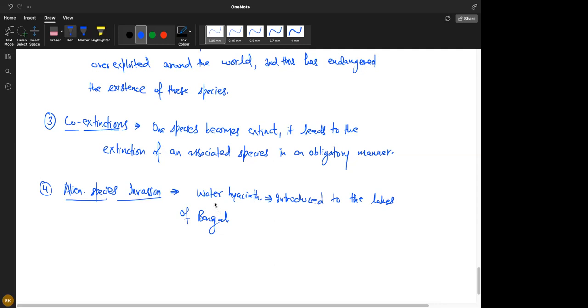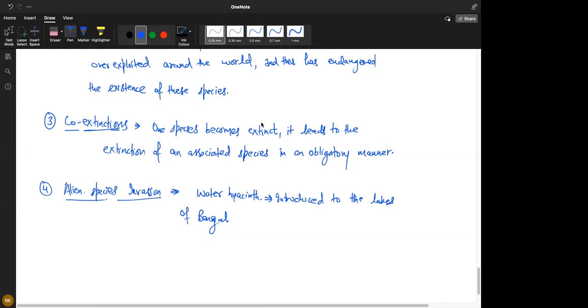They wanted to make the lakes look prettier, like those in the temperate regions of Britain and Europe. But in these tropical conditions in Indian lakes, water hyacinth started growing without any check, and it took over the whole lake.